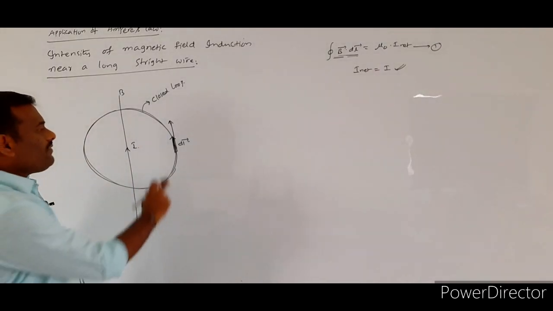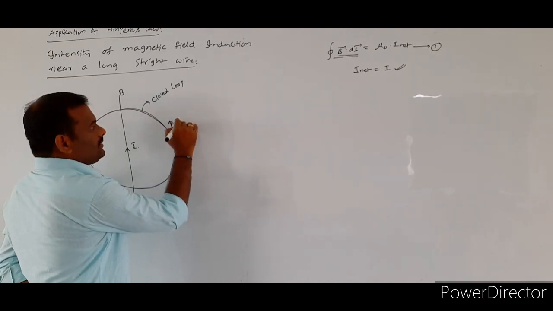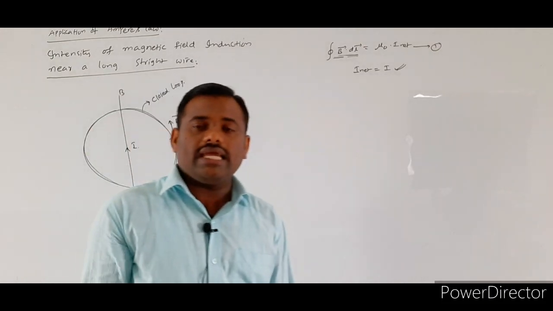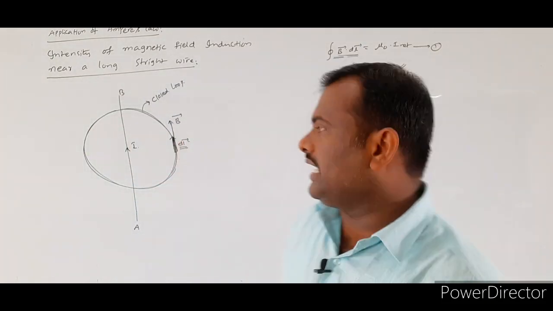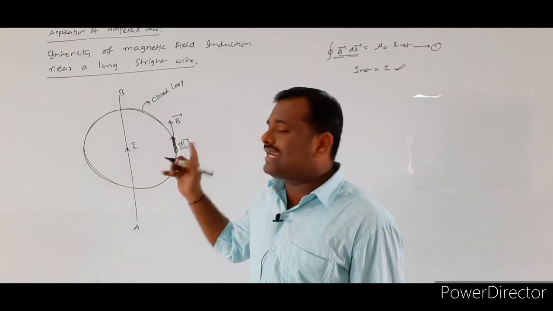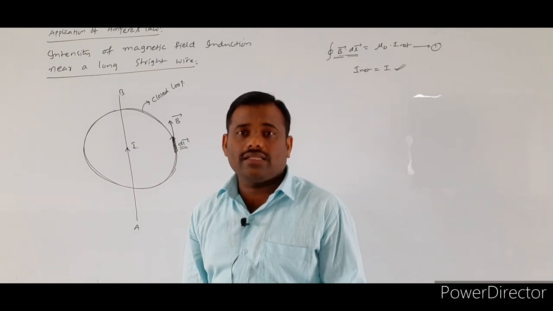Whatever tangent you draw at the location of dl bar indicates the resultant magnetic field by the currents present inside the closed loop.